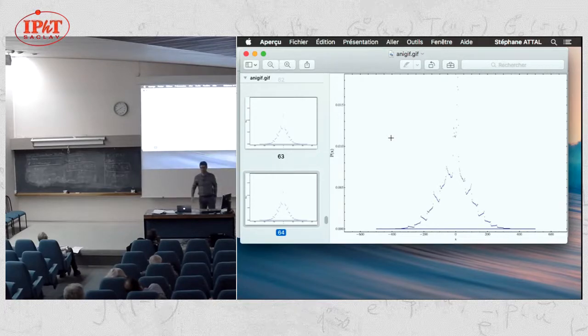It takes a long time, because if you think about it, you have huge matrices to manipulate. So we have many open questions, and in particular, we are stuck by the fact that we cannot go very far in the simulation.